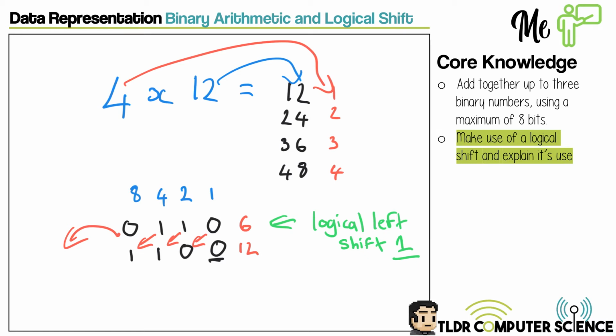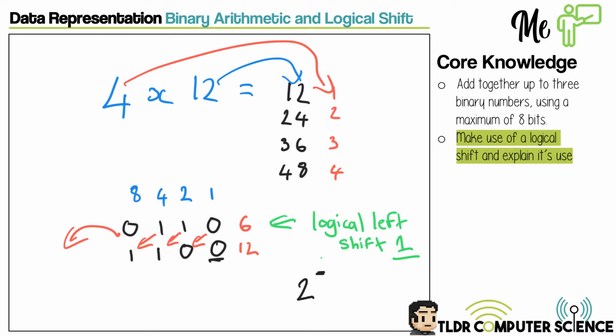If you shift them up again, so shift it 3 times, you times it by 8. You shift it 4 times, it times it by 16. Here's the deal. Basically, logical left shifts are 2 to the power of the shift. I shift it 5 times, it's 2 to the power 5, which is, I believe, 32.